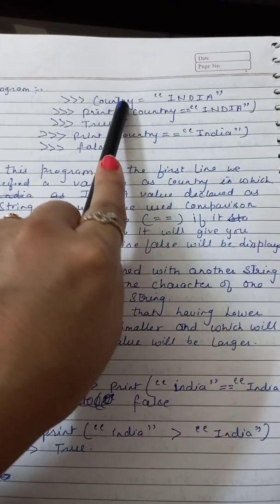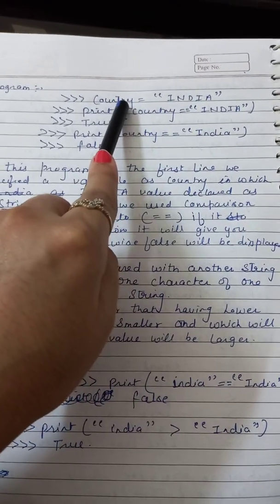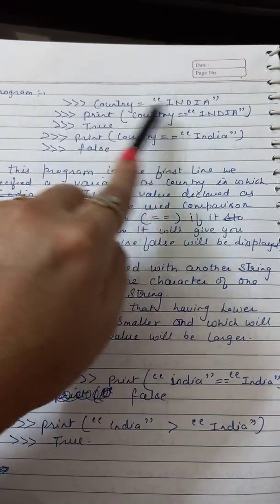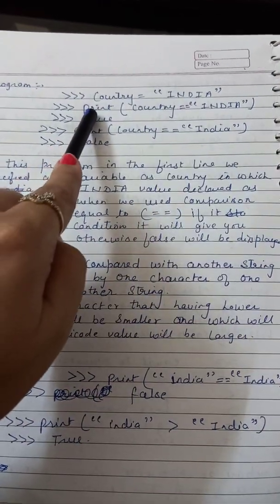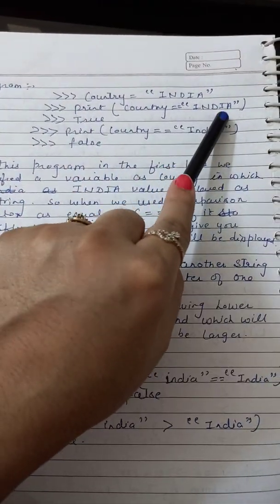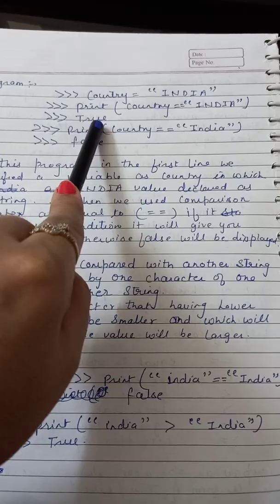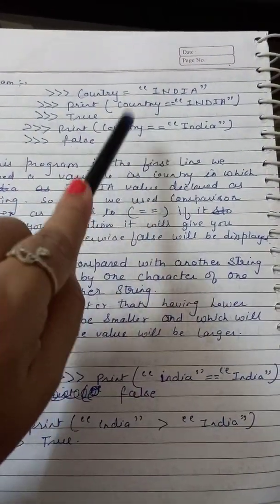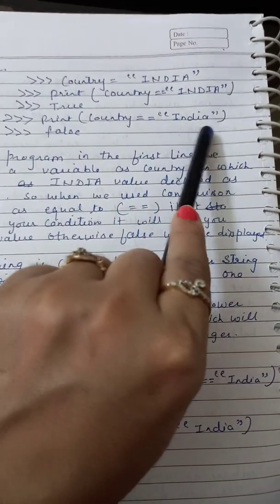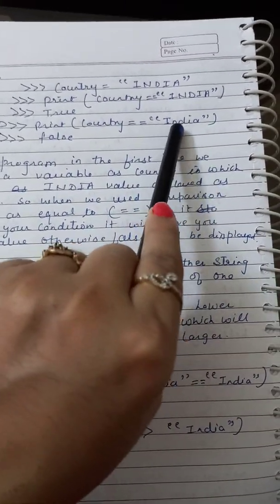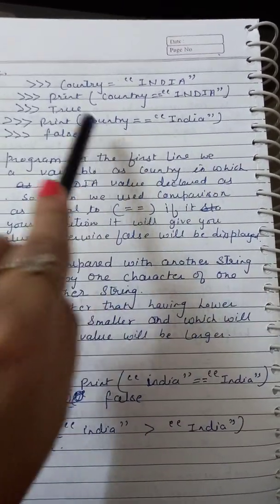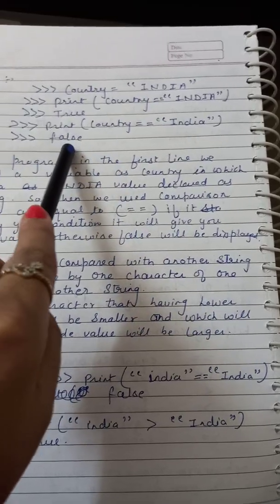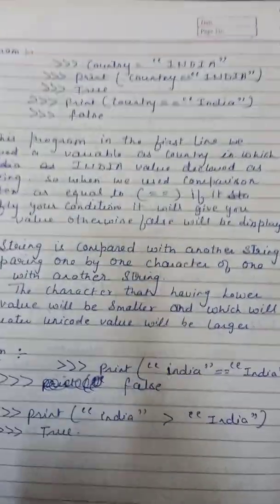First I assign the value to my variable. My variable is country, in which I'm assigning the value "India". So when you print country equals to "India", it will give you the result true because it is properly correct. But when you write country equals to "india", now the characters are in small letters, so it will decline your value and give you the result as false.